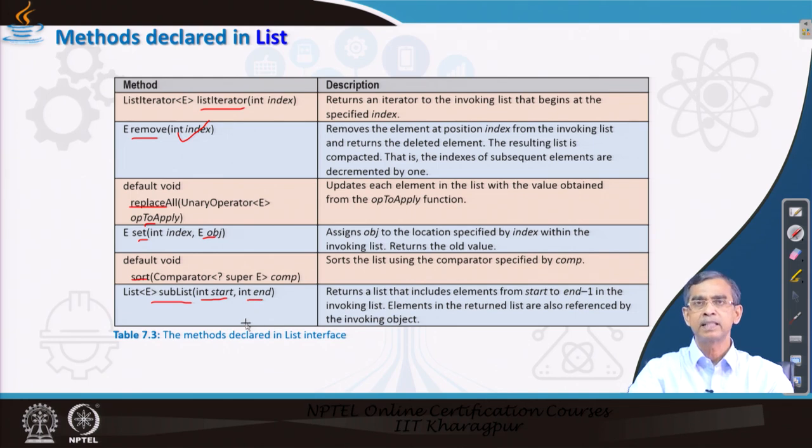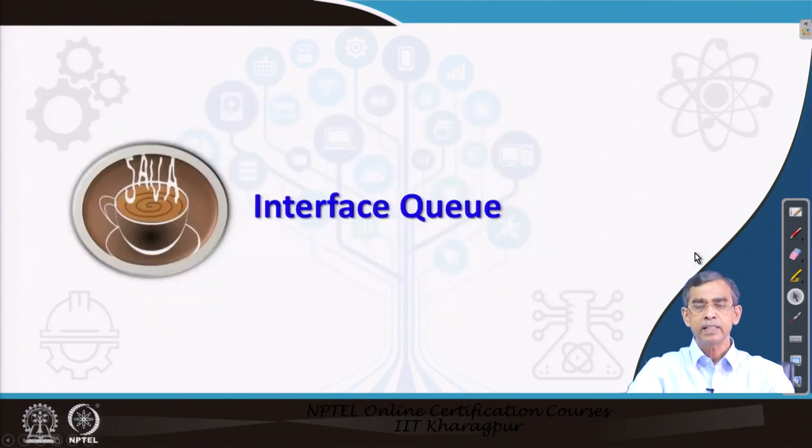If the elements present there satisfy the start and end, it will return that particular portion of the list. So, these are the different methods in the interface, and we will be able to use all those methods when we discuss the list data structure, namely the linked list data structure for example. So, this is the list interface.